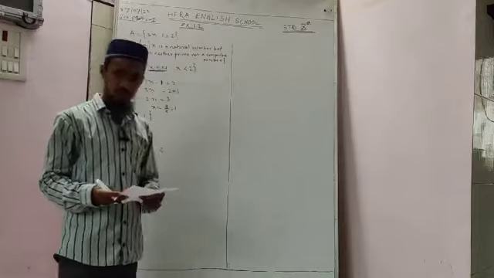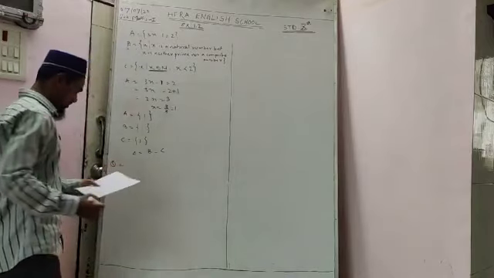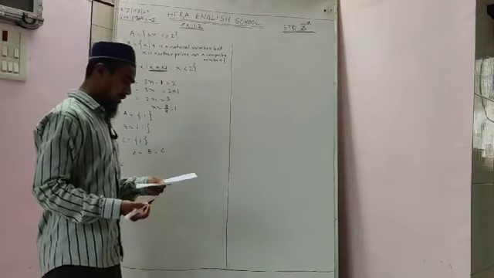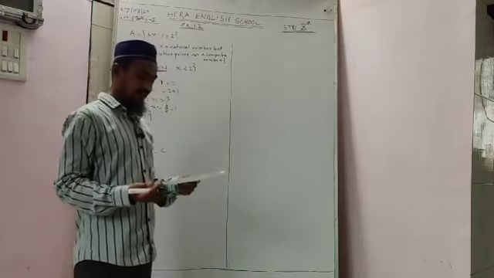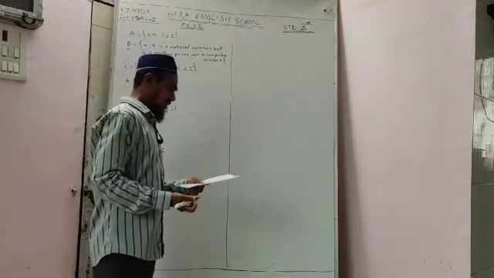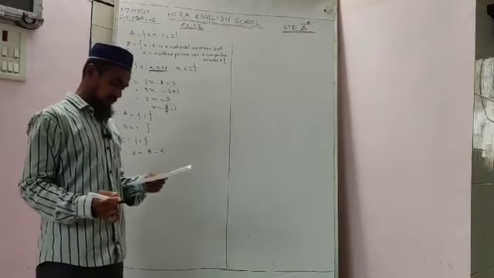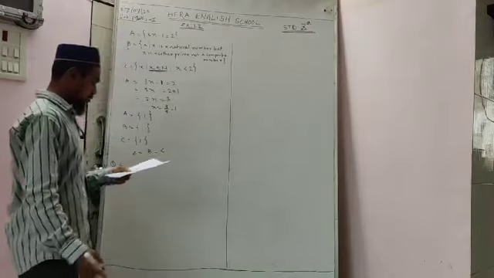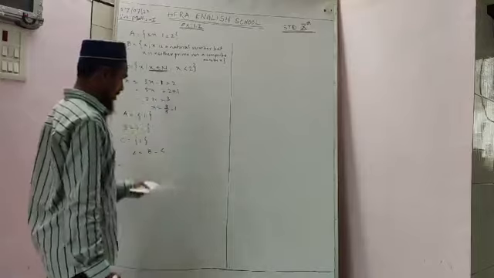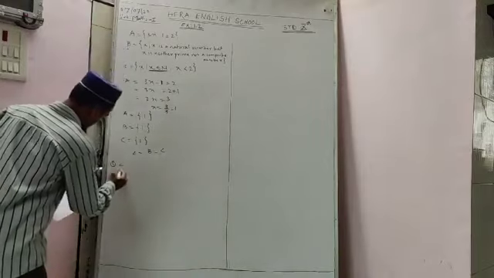Now see question number 2. See the question number 2 very carefully in your textbook. What we have given here: decide whether sets A and B are equal sets. Give reason. Okay, we have to write the reason also here. Means the solution will be there, the reason.